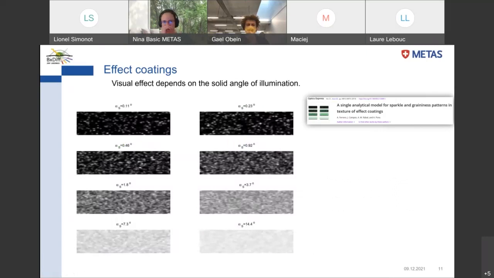And this is another picture from the same paper, where we can see just by changing the solid angle of illumination, where we have here a very small one, it's more in the region of sparkle, and then we just keep on increasing the solid angle of illumination until we get to the graininess part, where we really have just this salt and pepper kind of graininess appearance.